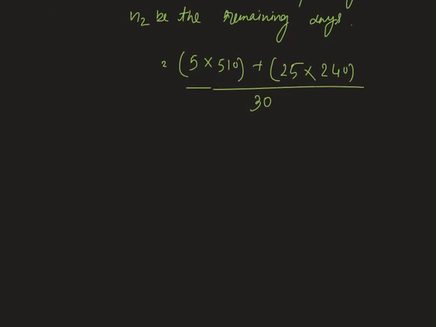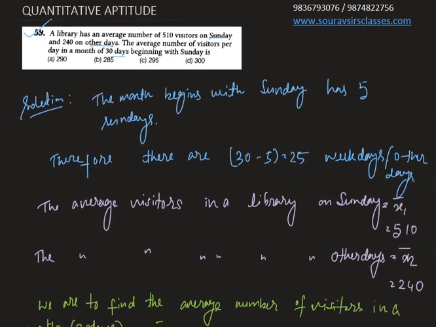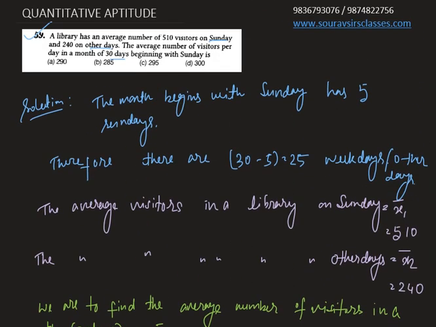So after calculating these multiplications, we get 2550 plus 6000 divided by 30, and this results in 285. So the right answer is option B.